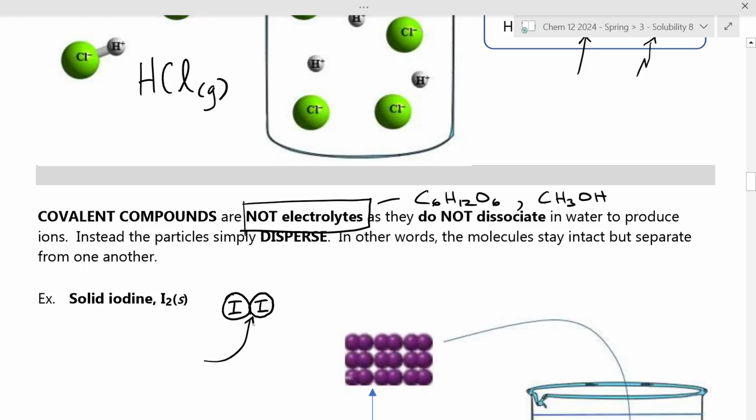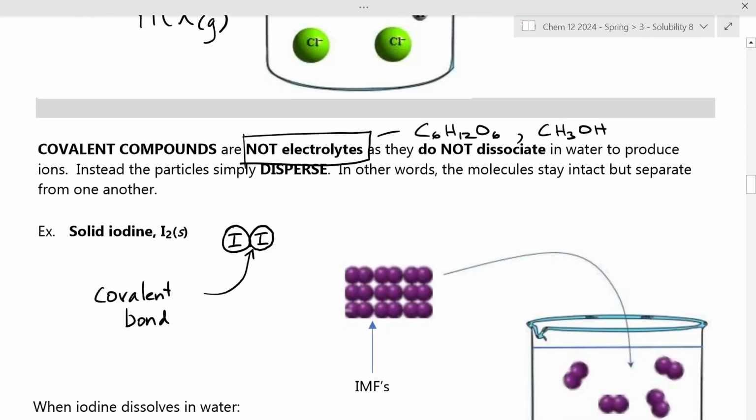What kind of bond or force is happening between those two I's? That is a covalent bond. Are covalent bonds strong or weak? They are strong. Can water break a covalent bond? No.